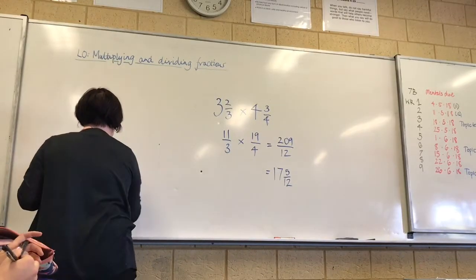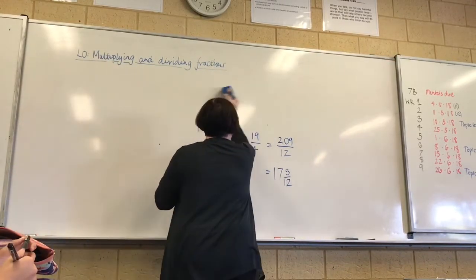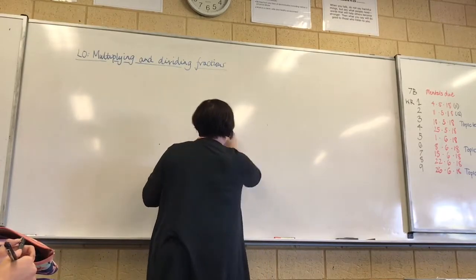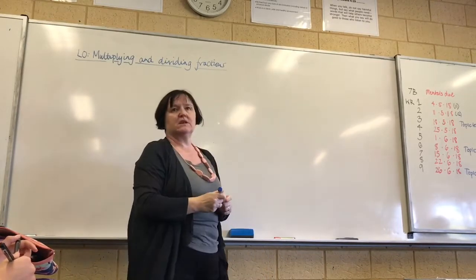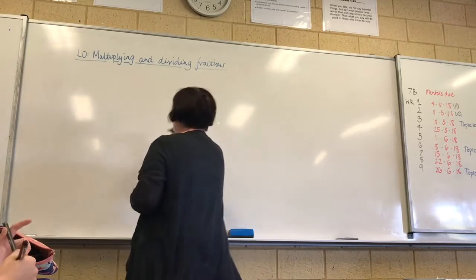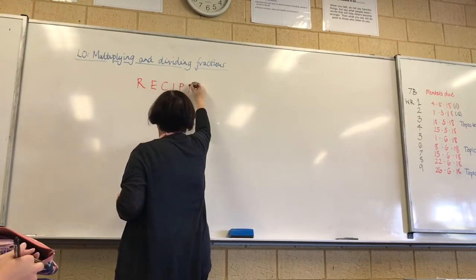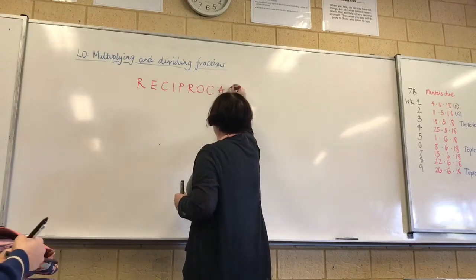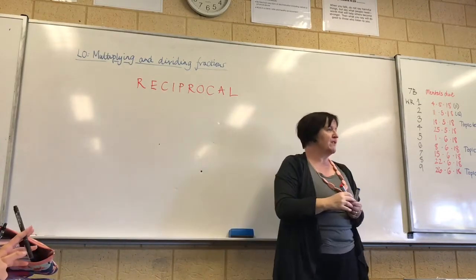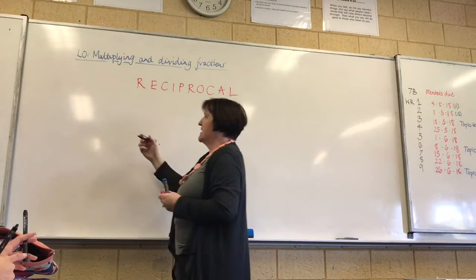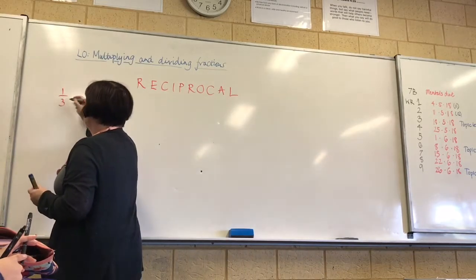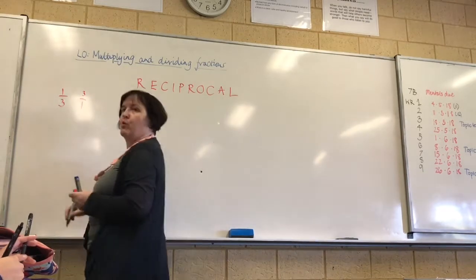The only difference is that you do something to the second fraction. Now, this is the word that you need to learn, reciprocal. The reciprocal of a fraction is, so if we've got a third, its reciprocal is 3/1.